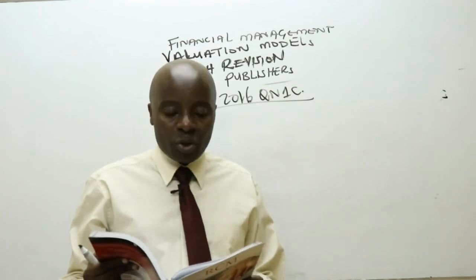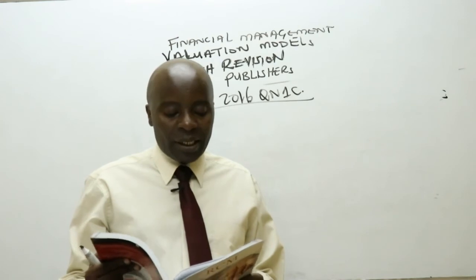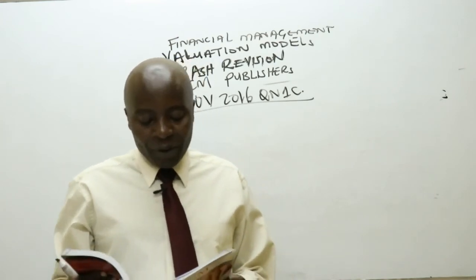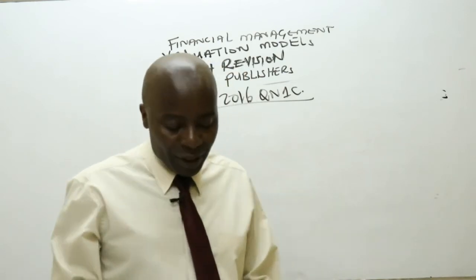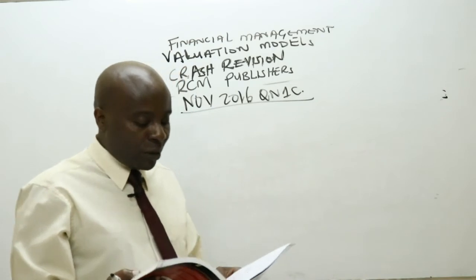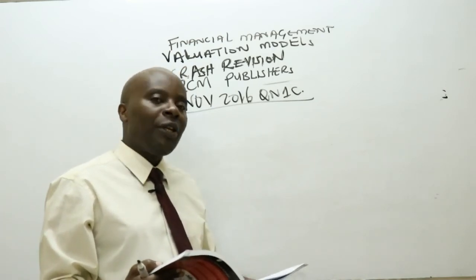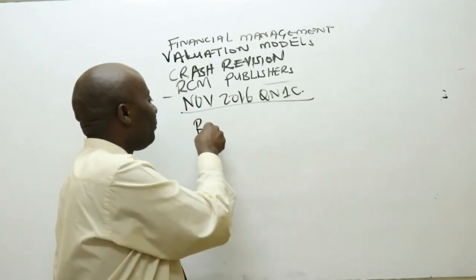We have the total assets there, 7 million. Total liabilities there, 4 million. The preference share capital we have been given there, earnings per share, the price earnings ratio, and then the outstanding number of ordinary shares. So they want us to give them the book value per share. How do we get the book value per share?